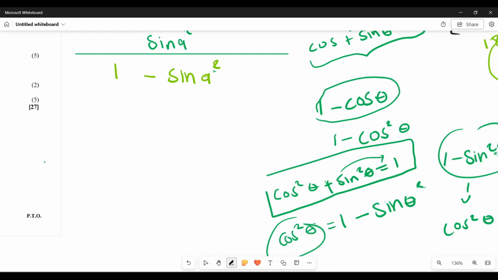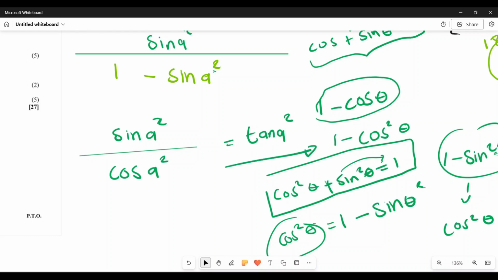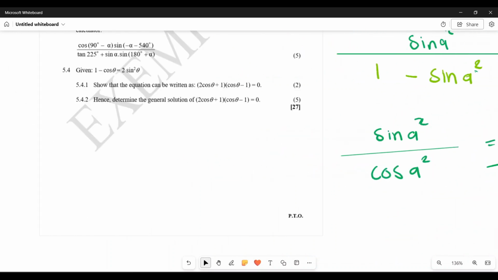So if I were to rewrite that, remember at the top I have sine A squared. Now at the bottom I'm saying that this is the same as cos A squared, right? If you were to make it in terms of A. Now remember, your identity sine over cos is the same as your tan, right? In this instance, because we have squared, this would be tan A squared, and this would be your final answer for 5.3.